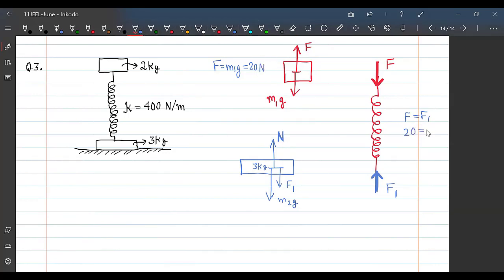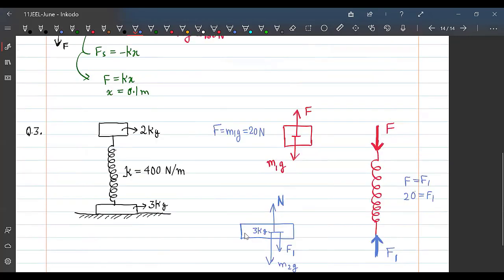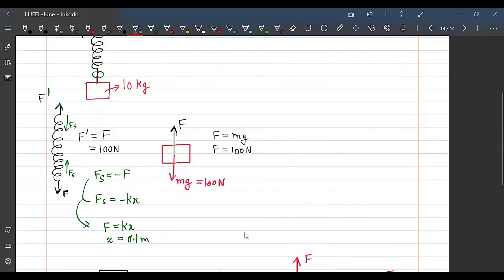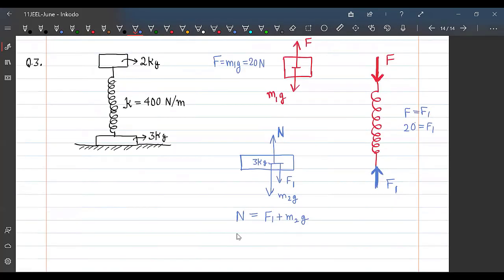So F1 will also be 20 Newton, and normal force will be equal to F1 plus M2G. So this will be F1 is 20 and M2G will become 30. So normal force जो surface लगा रहा है block पे, that is 15 Newton.